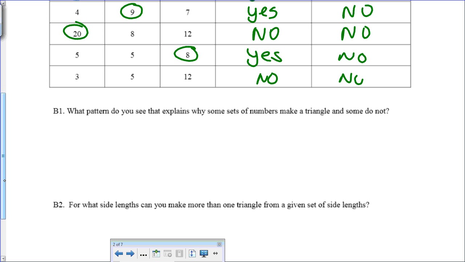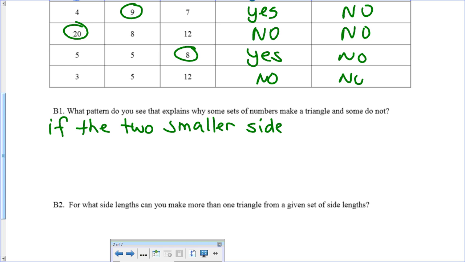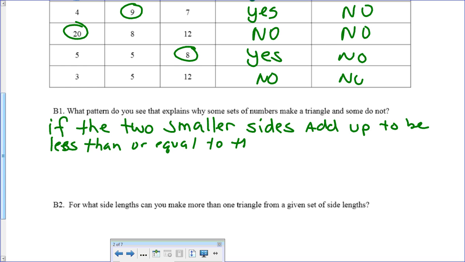So basically, if we write this out, if the two smaller sides add up to be less than or equal to the longest side, then it's not a triangle.